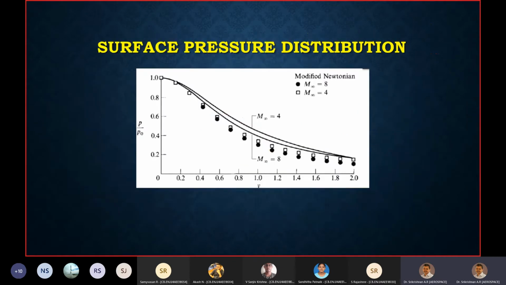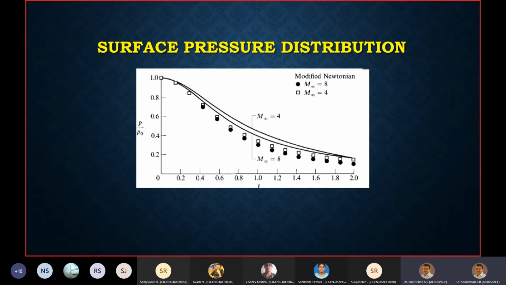And now look at this graph also. I'm showing this data to highlight why this theory is useful despite its oversimplified approach. Now here you have three sets of data.